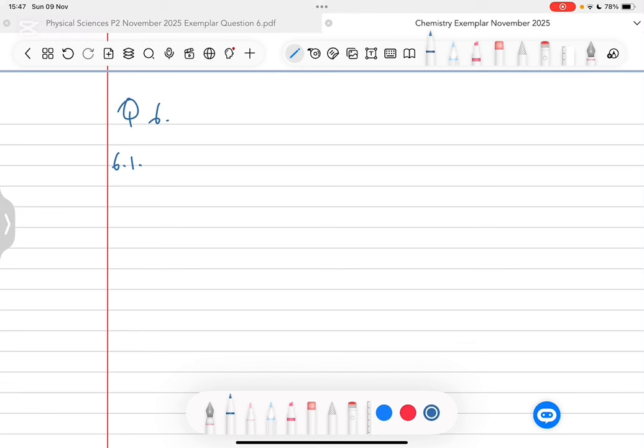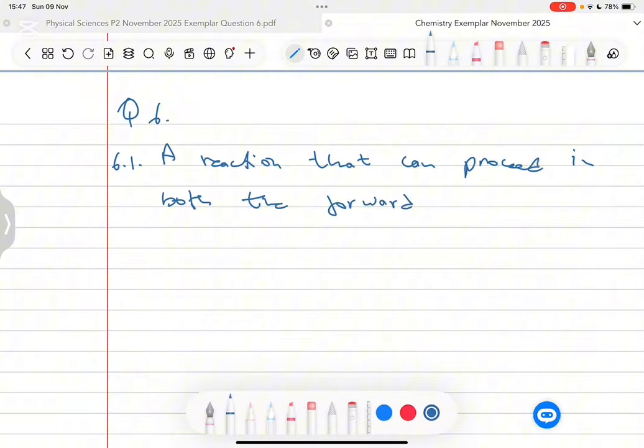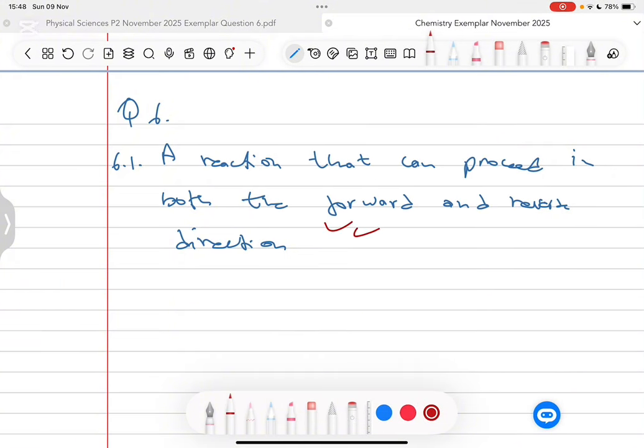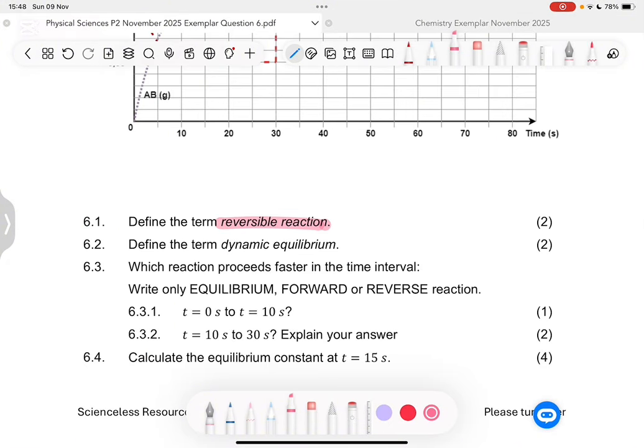So a reversible reaction, really, we know that is a reaction that can proceed in both the forward and reverse direction. I think this question, usually they mark it out of 1, but I made it 2 here.